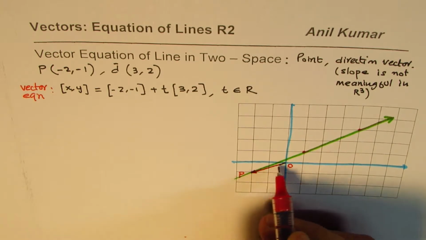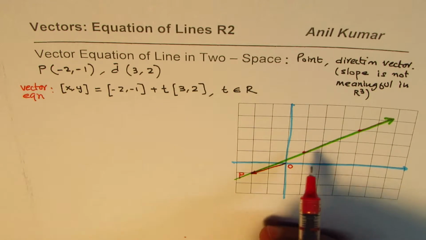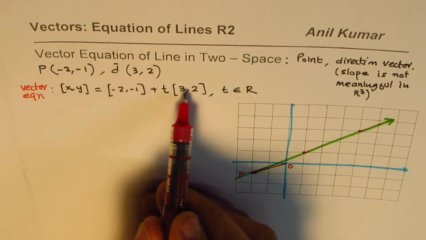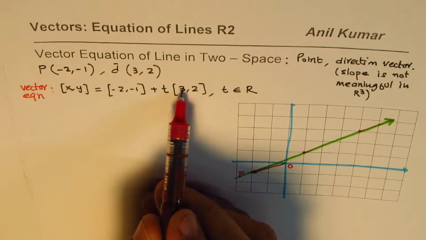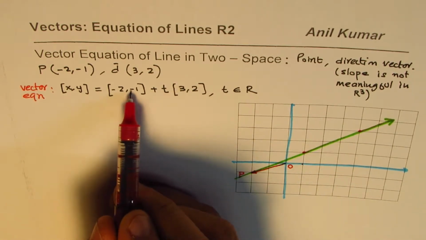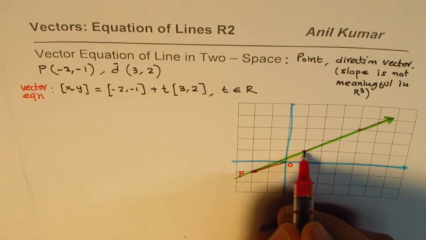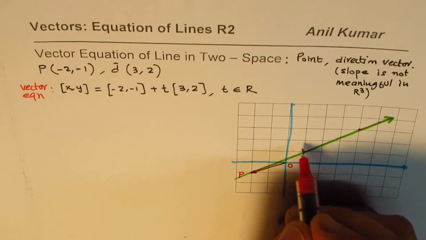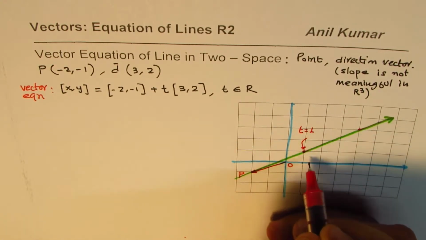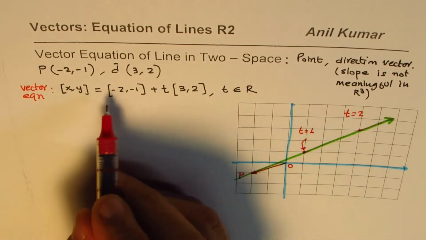The other point here is, if I add minus 2 to 3, I get 1. That's the x coordinate, 1. And the y value, if I add minus 1 to 2, I get again 1, so 1, 1. This point is for t equals 1. Do you see that? If t equals 2, then I get the next point just by adding these vectors.